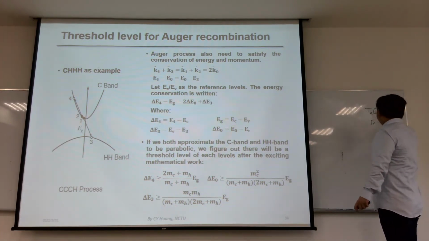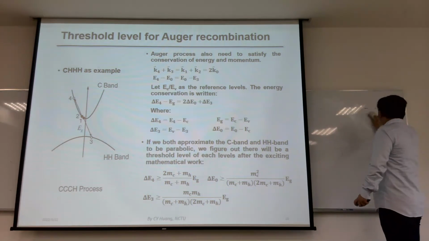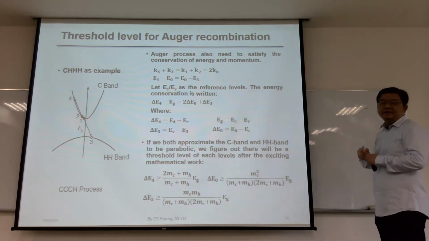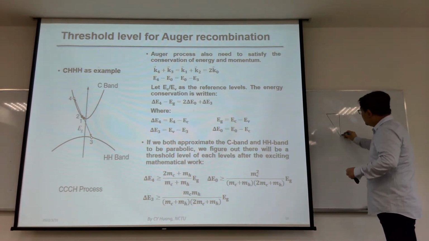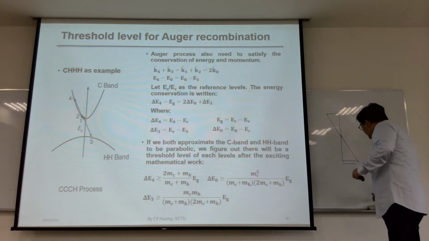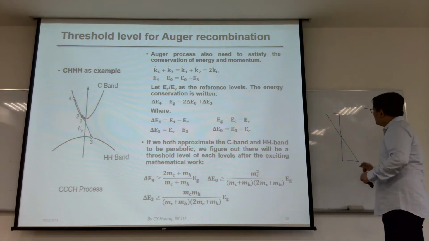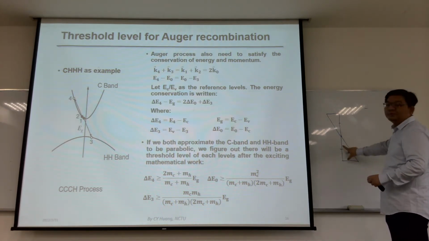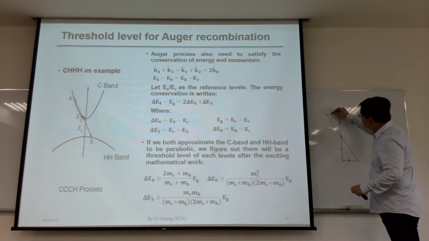You can imagine the Auger recombination is trying to find a plot like this. Two identical triangles, where this length is equal to this length, and this length is equal to this length.